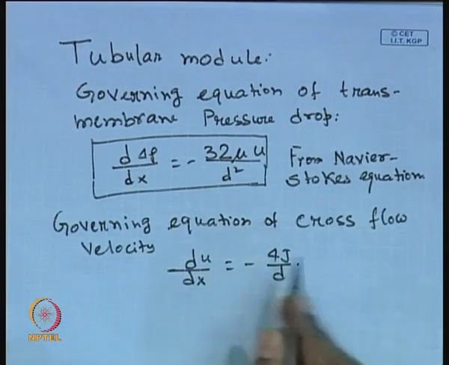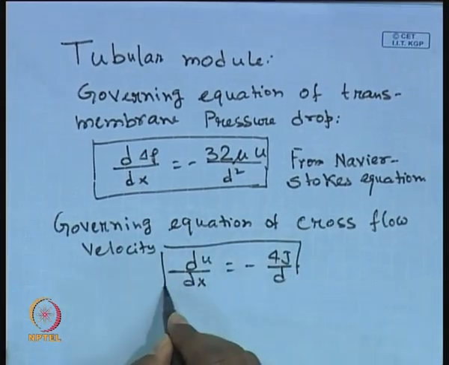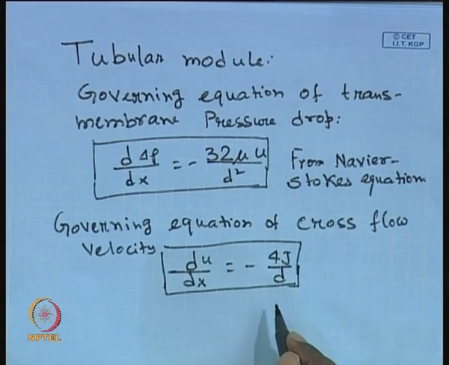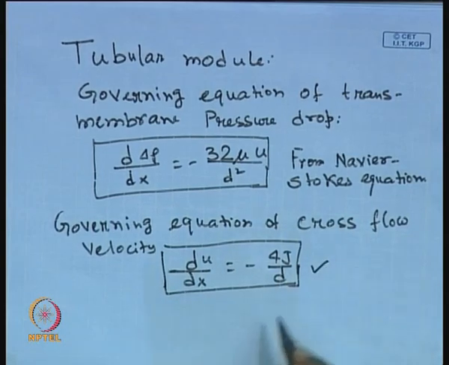D is the diameter. Now, how to obtain this equation? In the last class, we did all the derivations in detail. What we did, we took an infinitesimally small element and did an overall material balance that will lead to this expression, the governing equation for cross flow velocity.